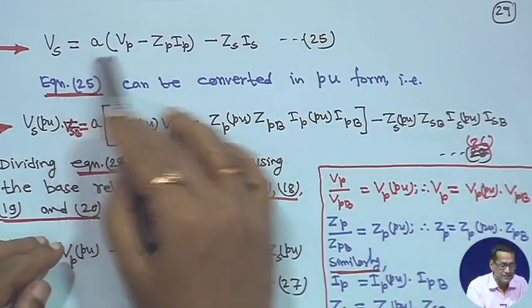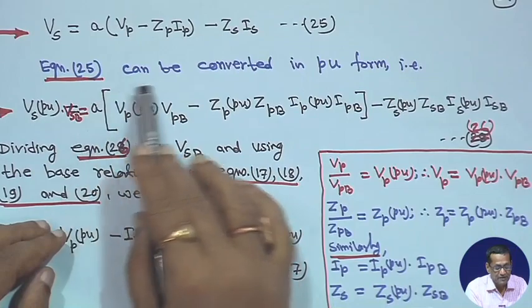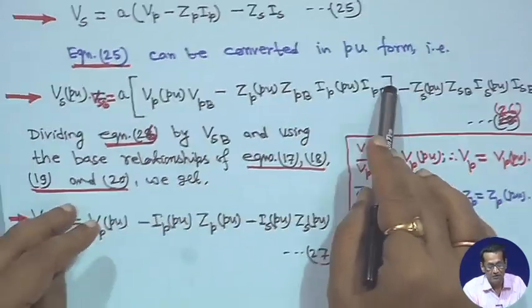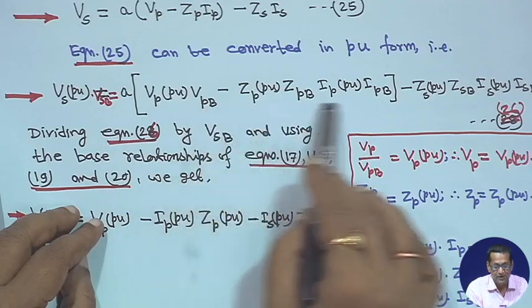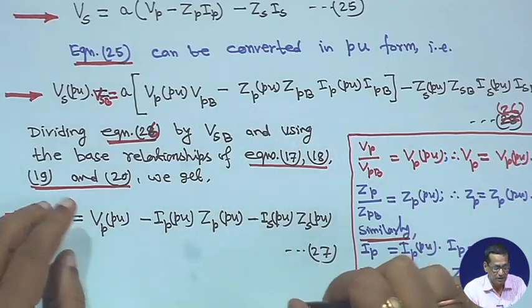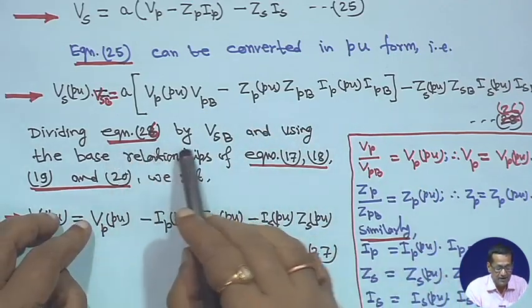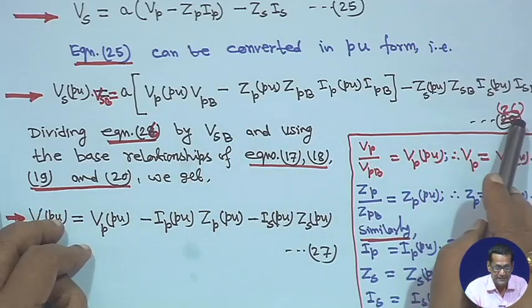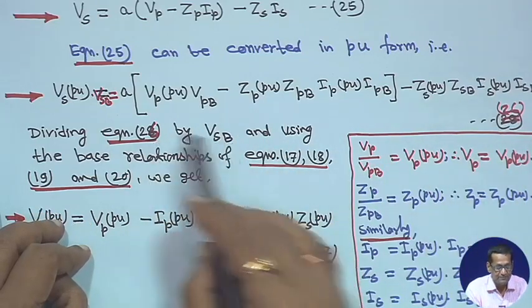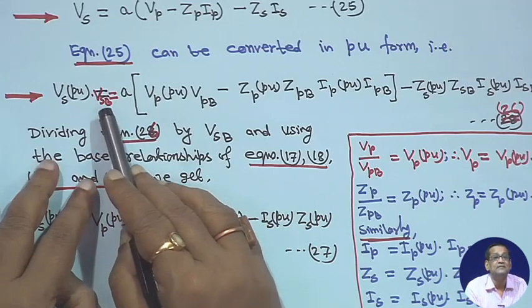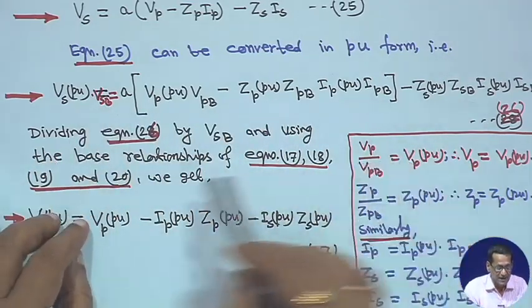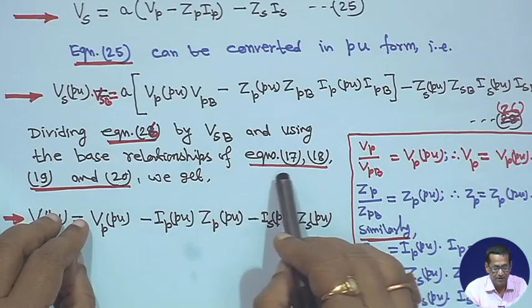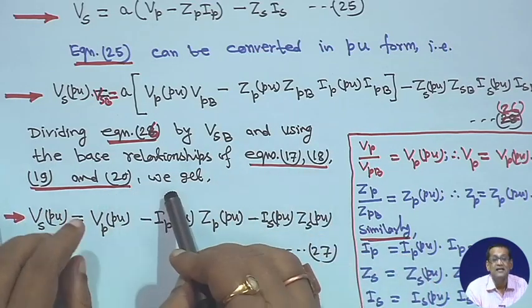So all these things can be put in per unit form, but at the same time their base values are all multiplied, right. Now divide this equation 26 by Vsb. The left hand side has the Vsb term, so you divide the whole equation by Vsb, using the base relationships of equations 17, 18, 19 and 20.